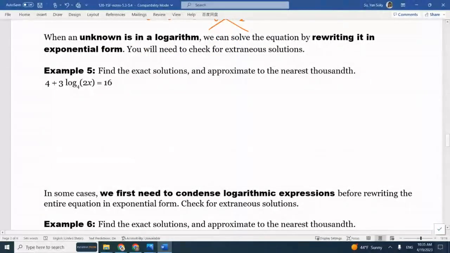If you see an equation involving a log expression, isolate the log term. And then, to get rid of the log, you apply the exponential function on both sides.